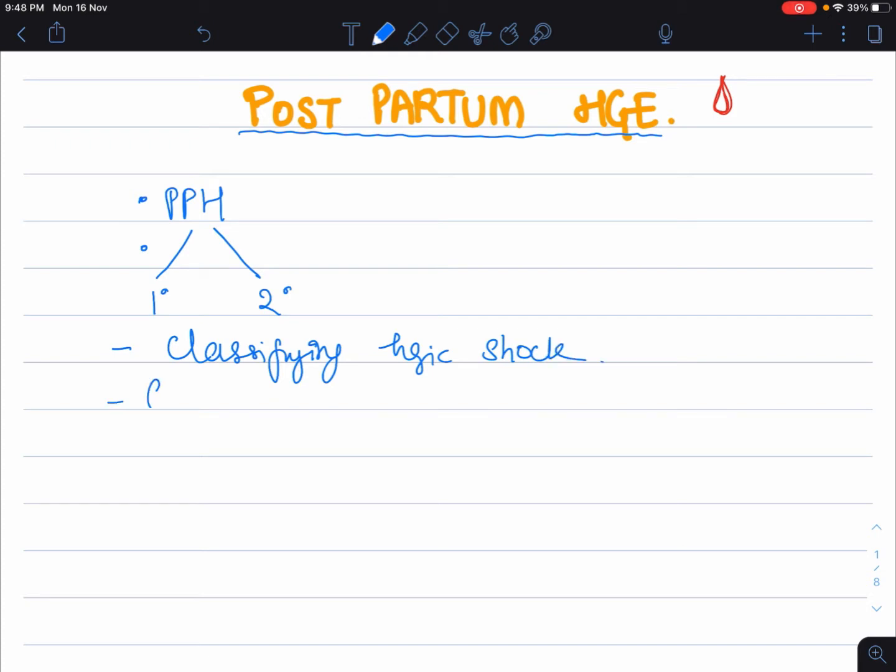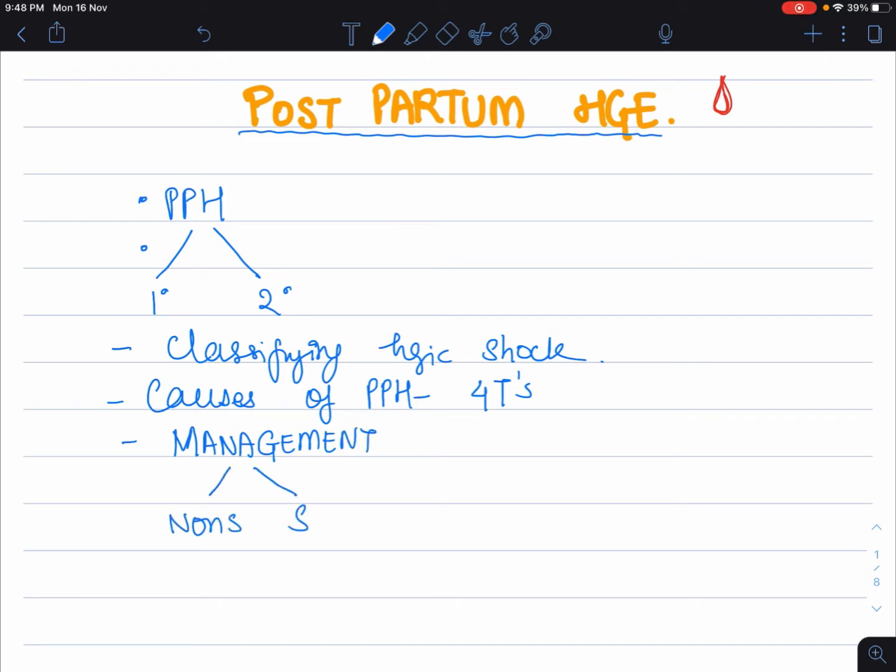We'll be discussing causes of PPH, that is the 4 T's. And finally, the most important, we'll be going through the management. And management we'll be discussing, as we all know, in non-surgical and surgical ways that we can encounter.